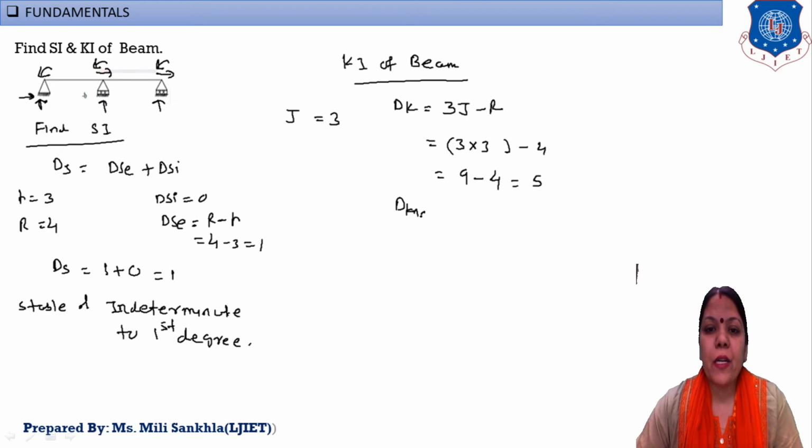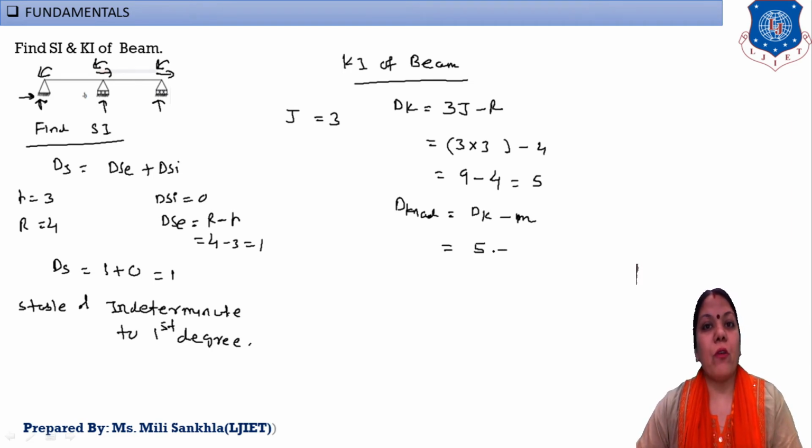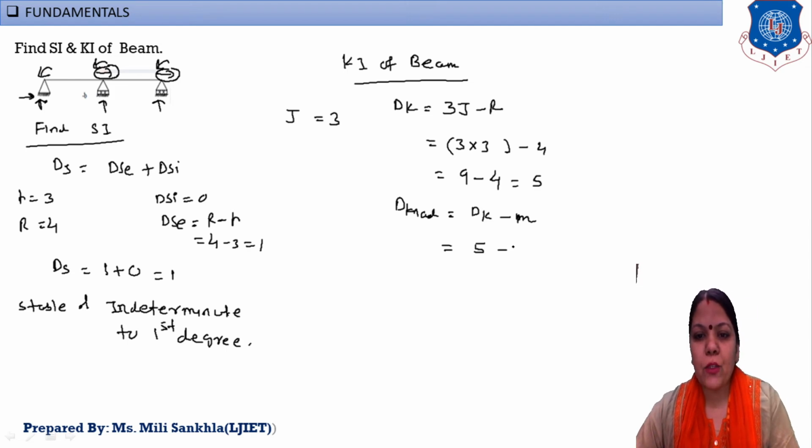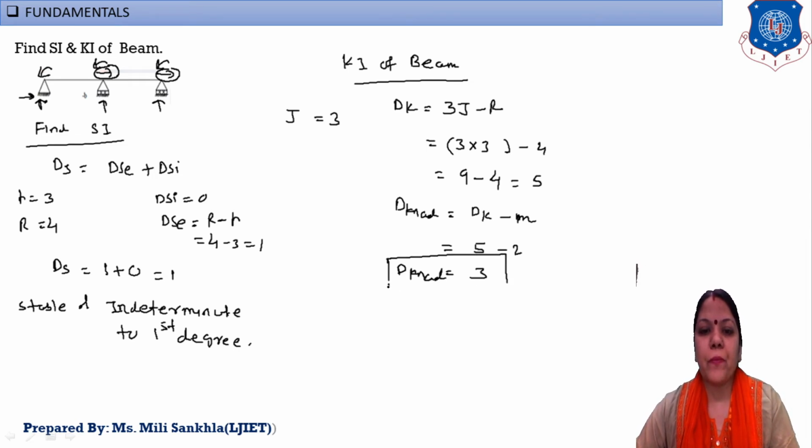Okay, dk NAD is equal to dk minus m. dk is equal to 5 and m for neglect axial deformation. Here no axial deformation. This horizontal displacement is our axial deformation. This one is also our axial deformation, 1 and 2. Okay, minus 2 and 3. So for this given beam, my dk NAD is equal to 3.